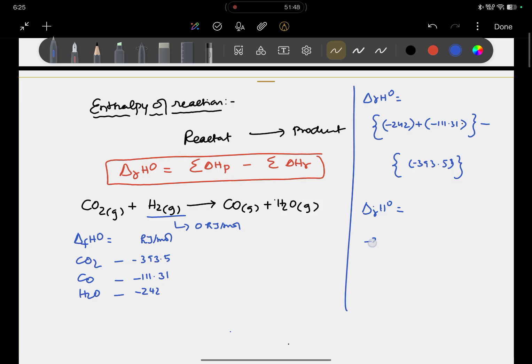It is minus 242 minus 111.31 plus 393.5.